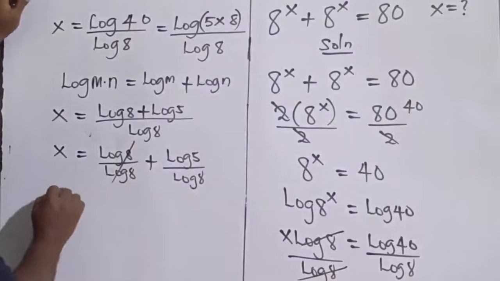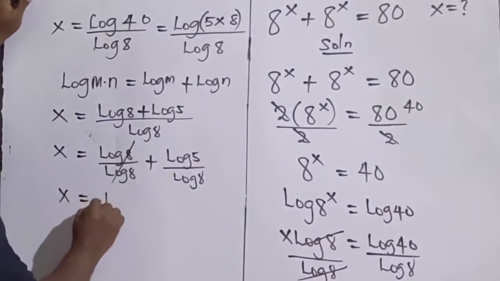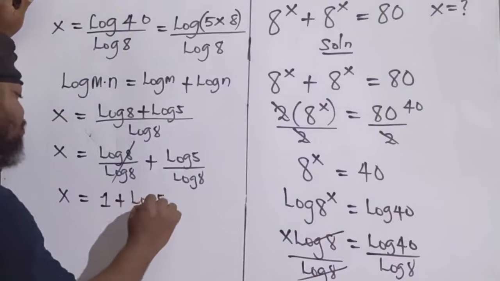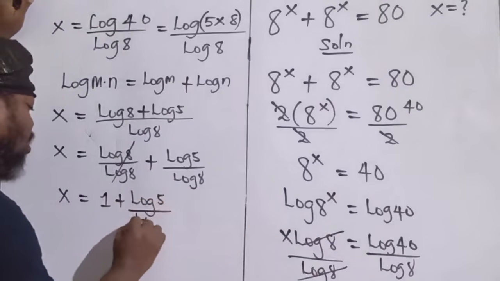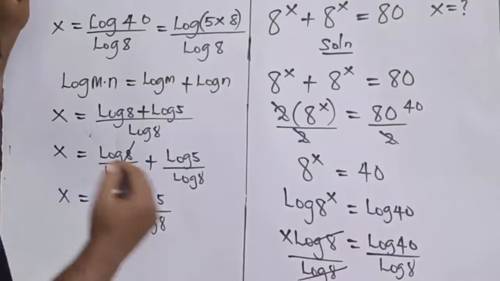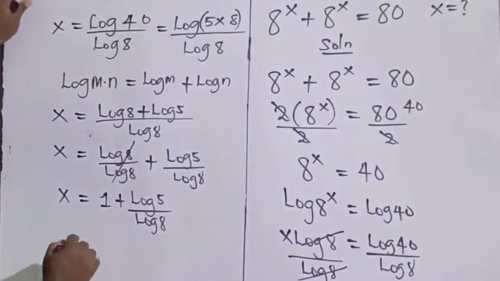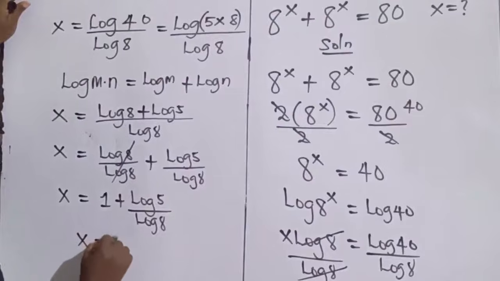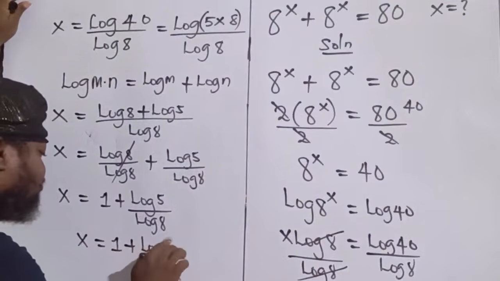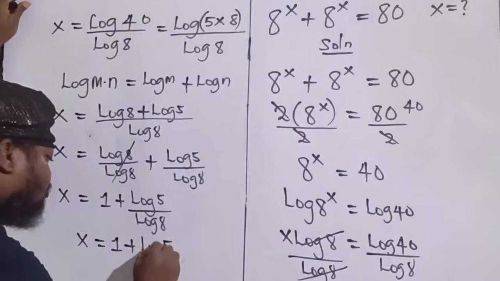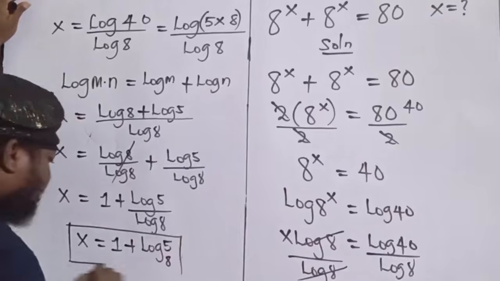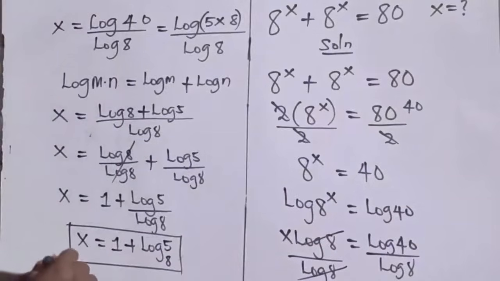So my x is now equal to 1 plus log 5 over log 8. I can still change the base. I'll change the base. I will now be having that x is equal to 1 plus log 5 to base 8.